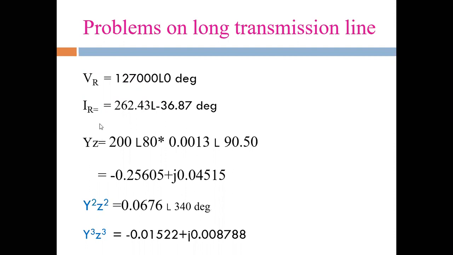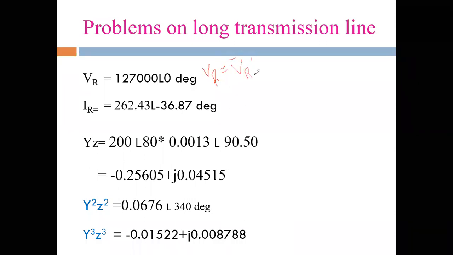What is the formula for that IR? First write down the formula for VR. VR is equal to VR bar into 1 plus J0.